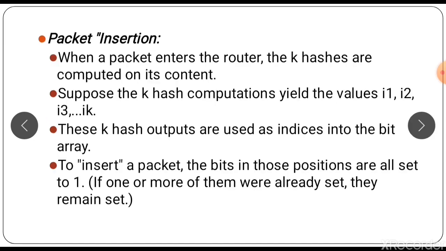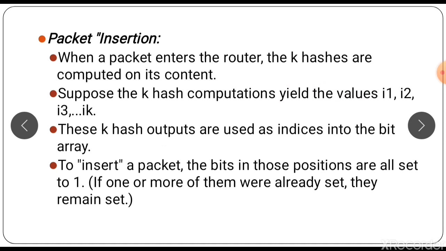Now we'll see how packet insertion takes place. When a packet enters the router, k hashes are computed on its content. To speed up the computation, the hashes are only computed on the invariant part of the IP header and a small part of the payload, say 10 bytes. Suppose the k hash computations yield the values I1, I2, I3 up to Ik.